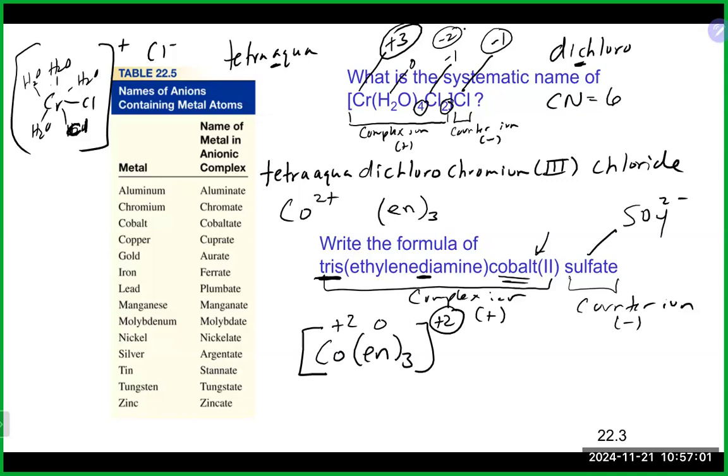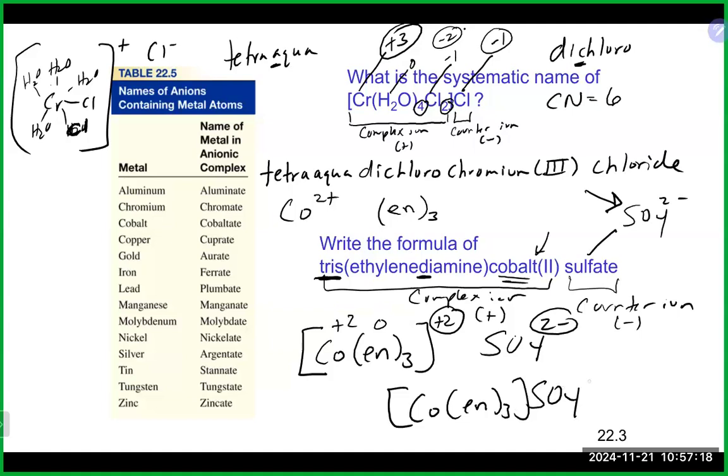And that's important to figure out because we need to know how many of our counter ions we need. In this case we would just need one of them, right? That will give us a -2 and +2. So putting all that together will give us our formula for our coordination compound that looks something like that.